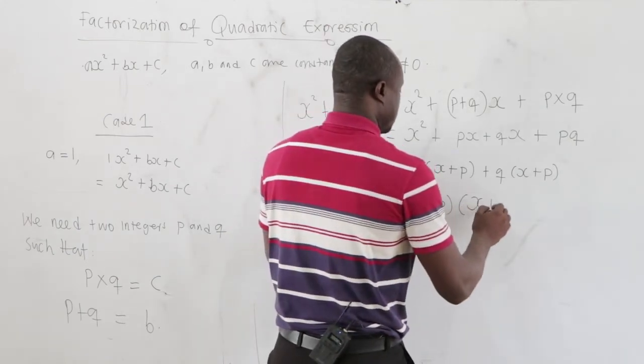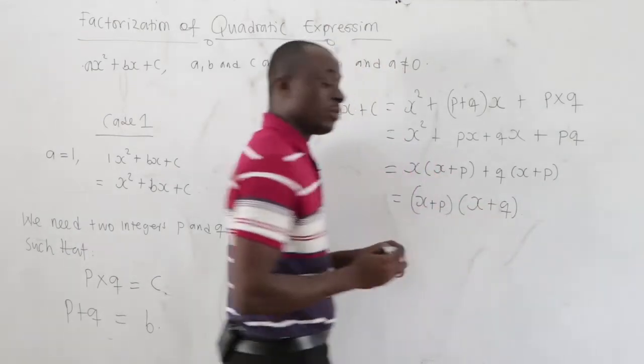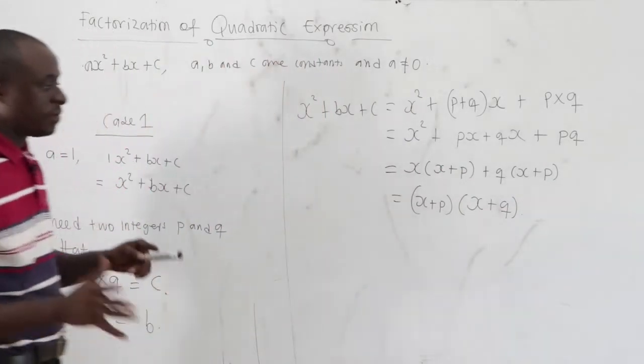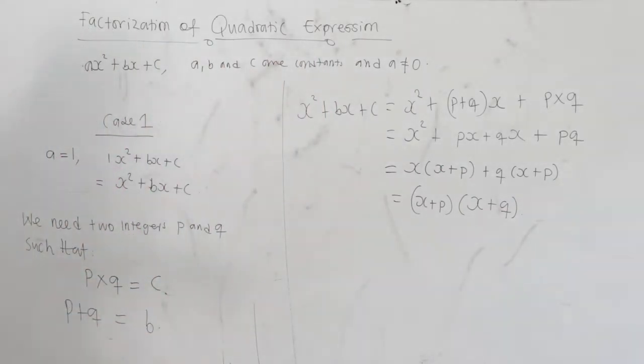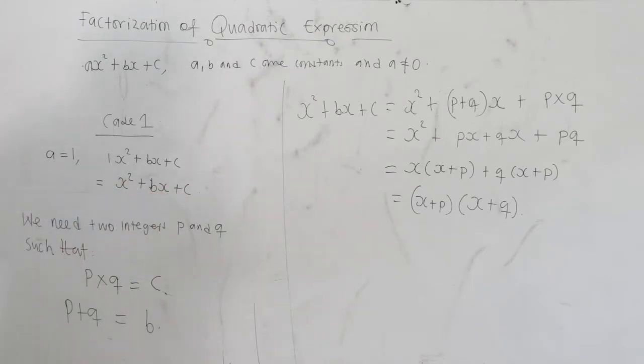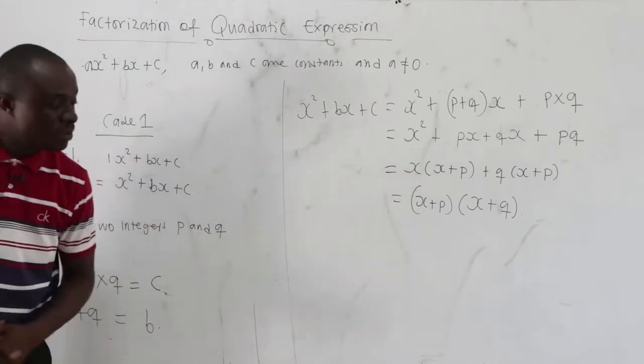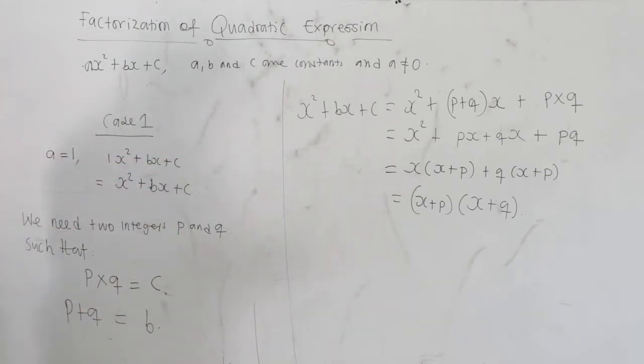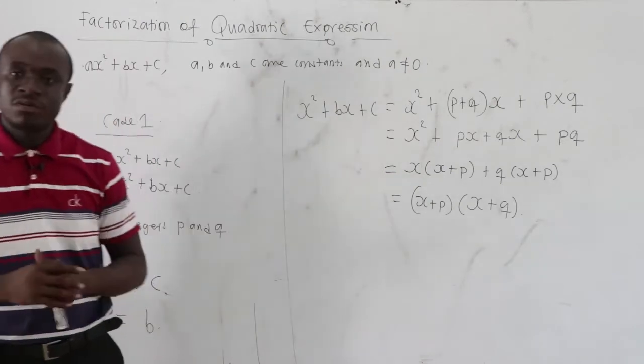We have x plus q, which is very, very easy. So as I said, if you have x squared plus bx plus c, you need two integers such that when you multiply, you get c, and when you add, you get b. If the integers are p and q, then p times q is c, p plus q is b. We substitute and we get this wonderful factorization, which is very, very easy.